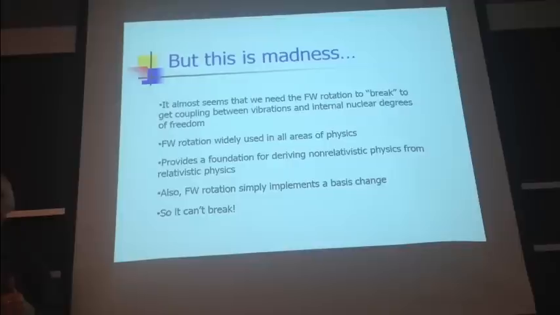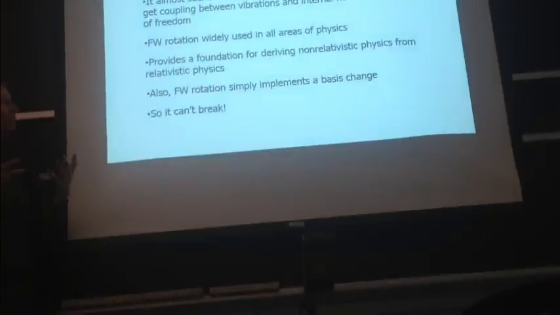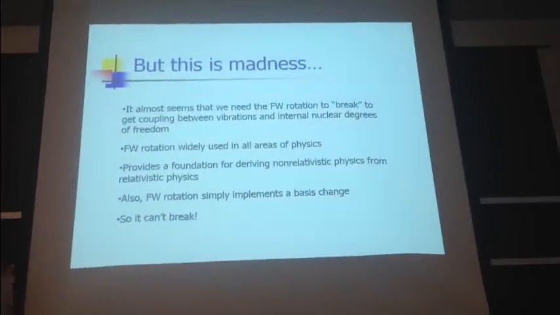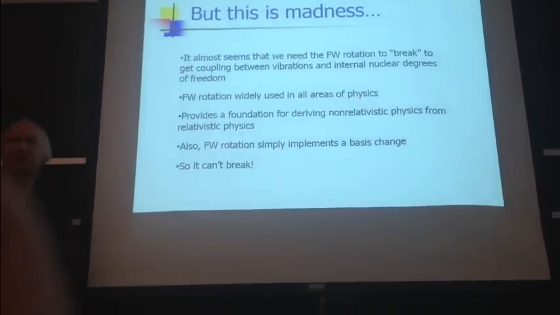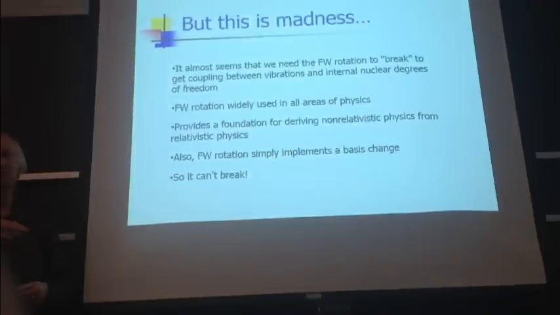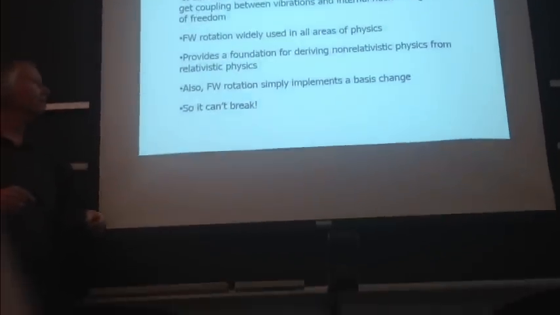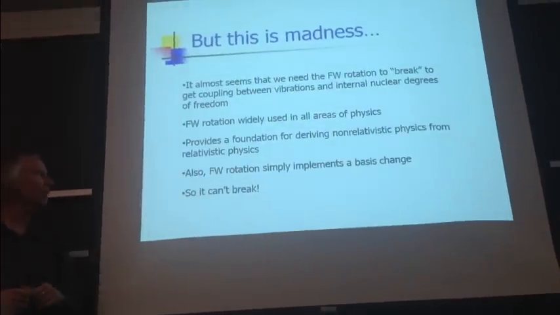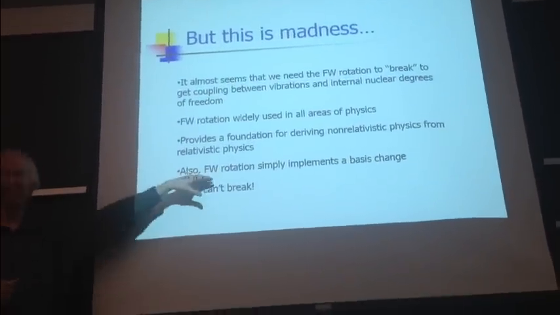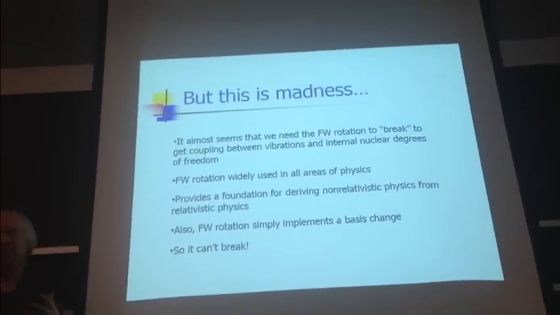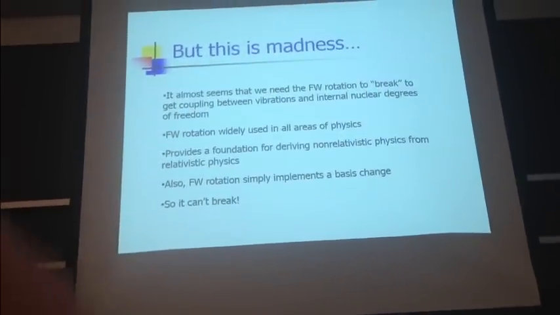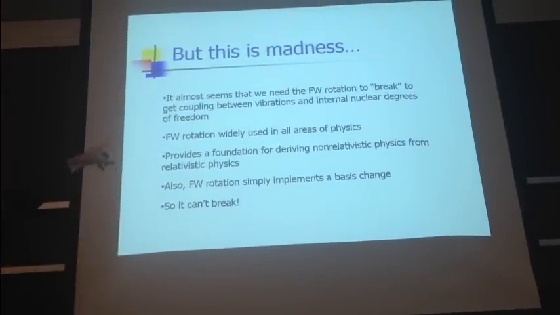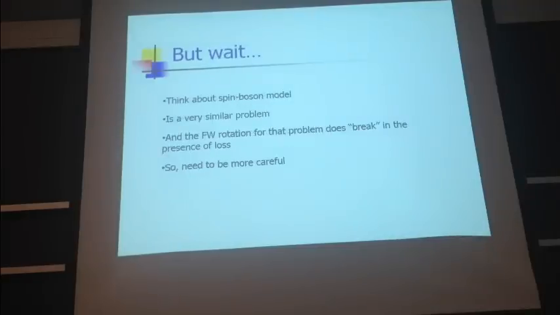Foldy-Wouthuysen takes us to the non-relativistic, clean separate law. It does take us to the non-relativistic, but the more important thing it does is it eliminates the first order coupling between the internal nuclear degrees of freedom and the center of mass. Also, it's just a simple basis change. So, if you like, a basis change can't break, it doesn't make any sense.